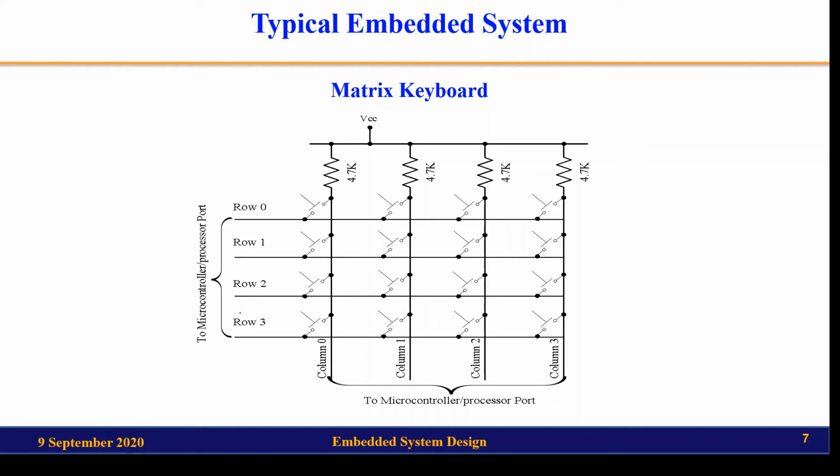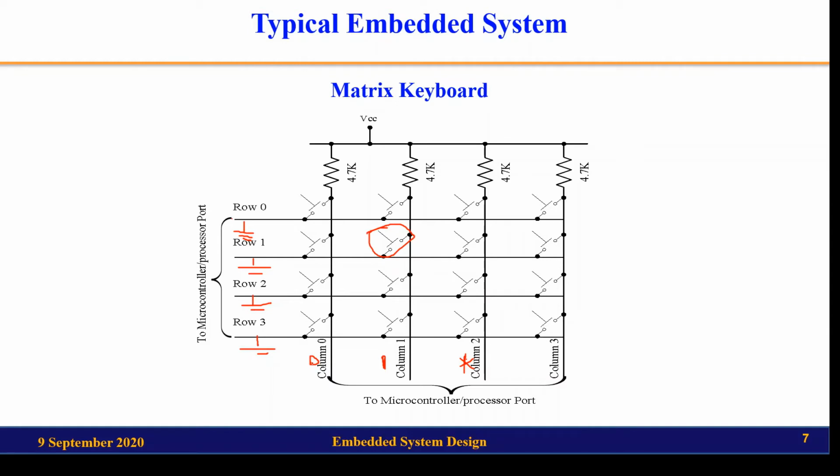As no key is pressed in these columns, they will directly read 0, since they are grounded. But whenever a key is closed, it connects to VCC, and you will get 1 here.